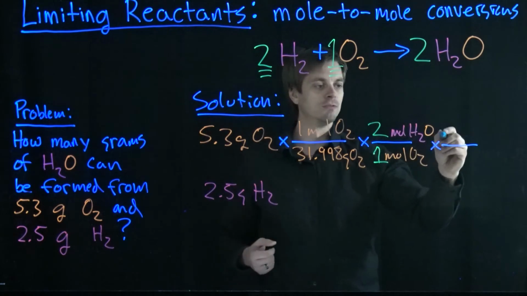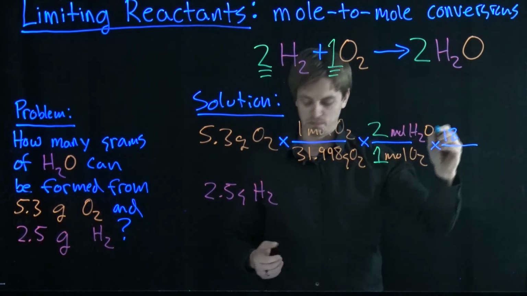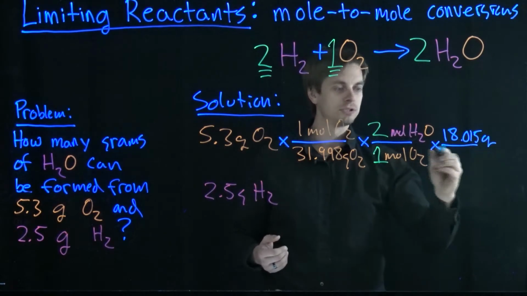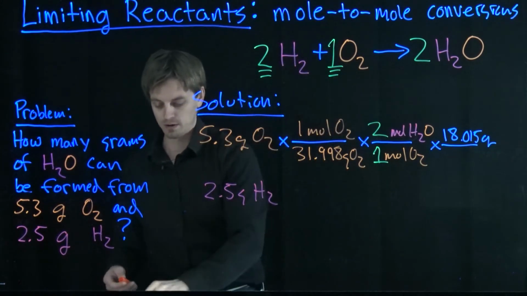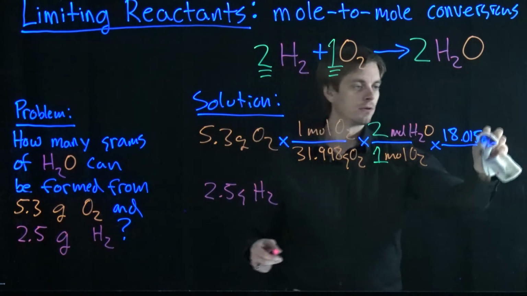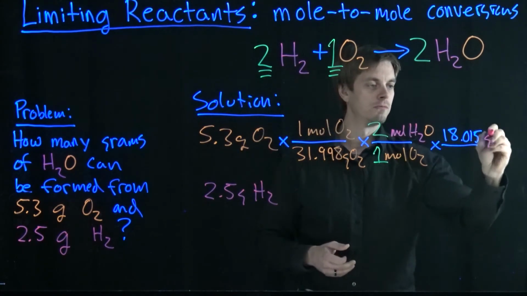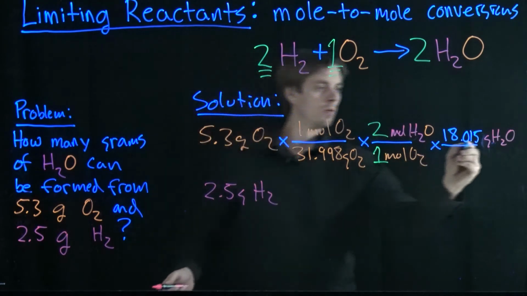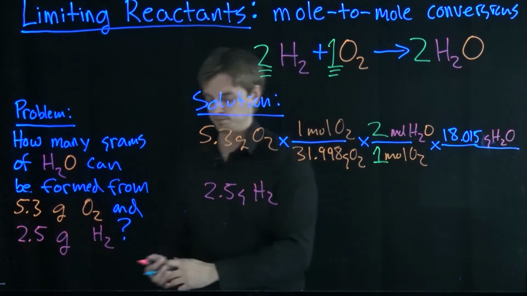So the molar mass of water in this case is approximately 18.015 grams of H2O for every 1 mole of H2O.